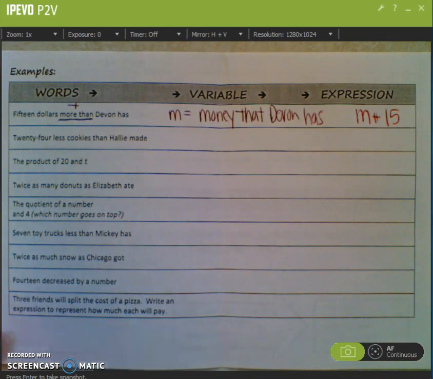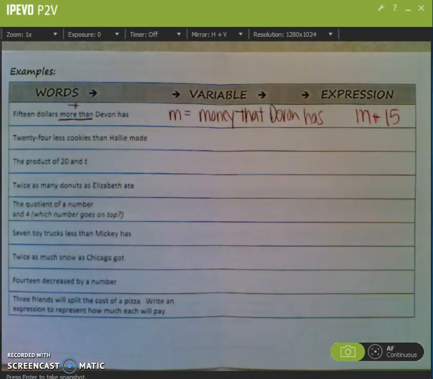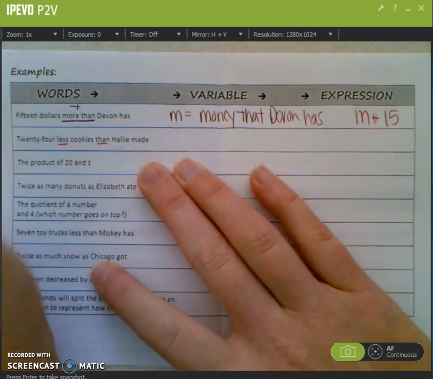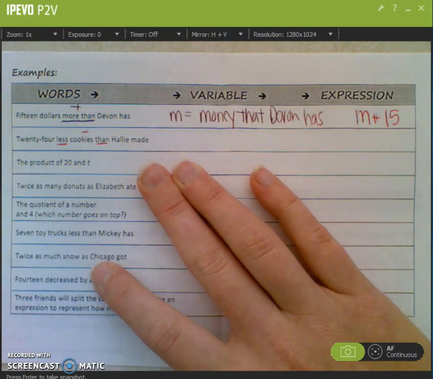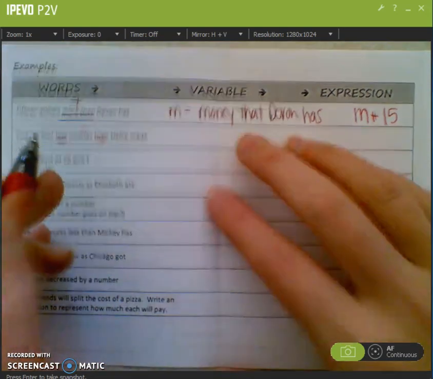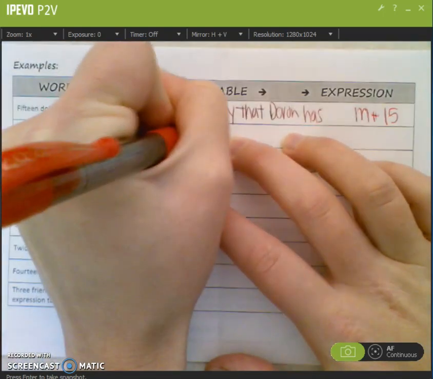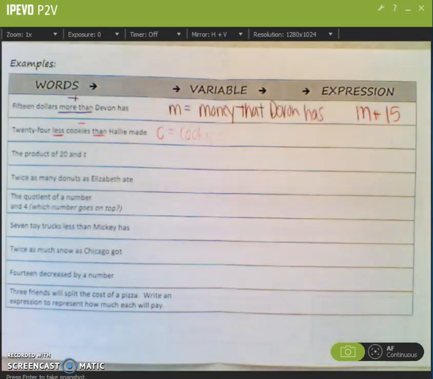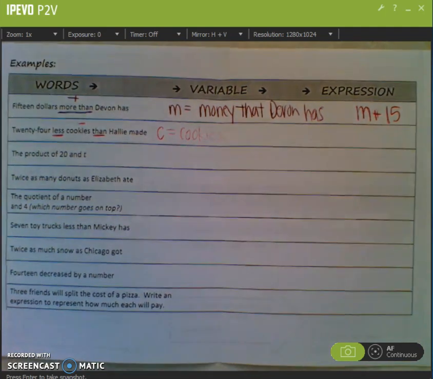The next thing we see is 24 less cookies than Hallie made. Less than is something I'm going to underline or circle. Less than means subtract. We don't know the number of cookies, so I'm going to use C for cookies. And if you can avoid one word here, if you can make this a phrase, that's better. The more words you can put here, the better.